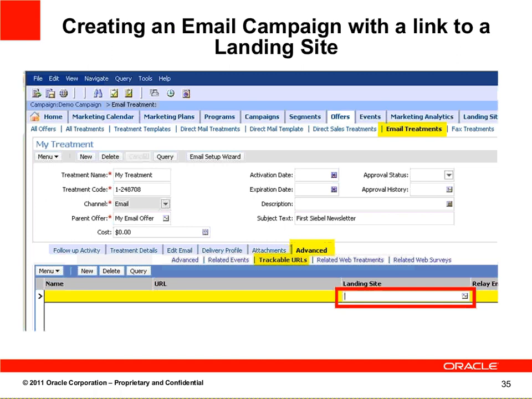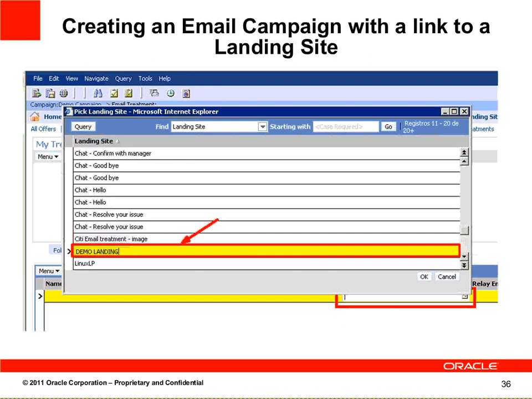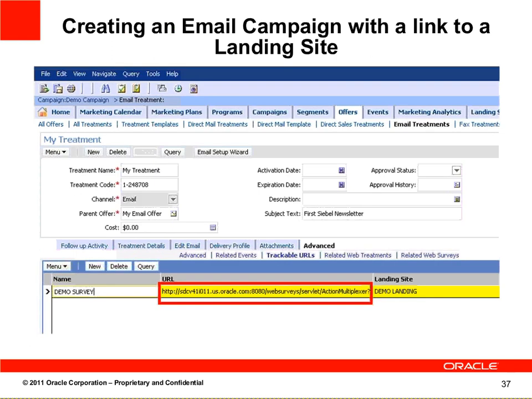You will see a list of all of the available active landing sites. In this case, the one that we created is called Demo Landing. So we're going to select that one. And you will see that the URL is populated with the actual URL to the landing page. We assign a name, in this case, Demo Survey.